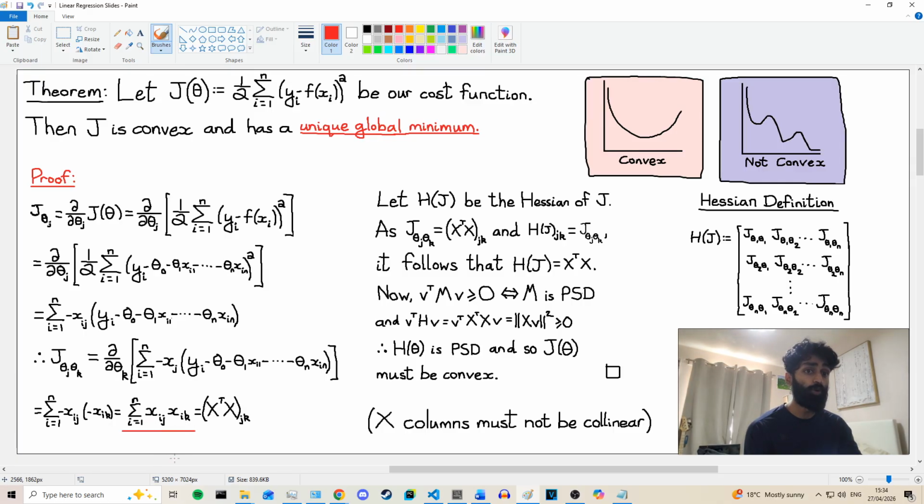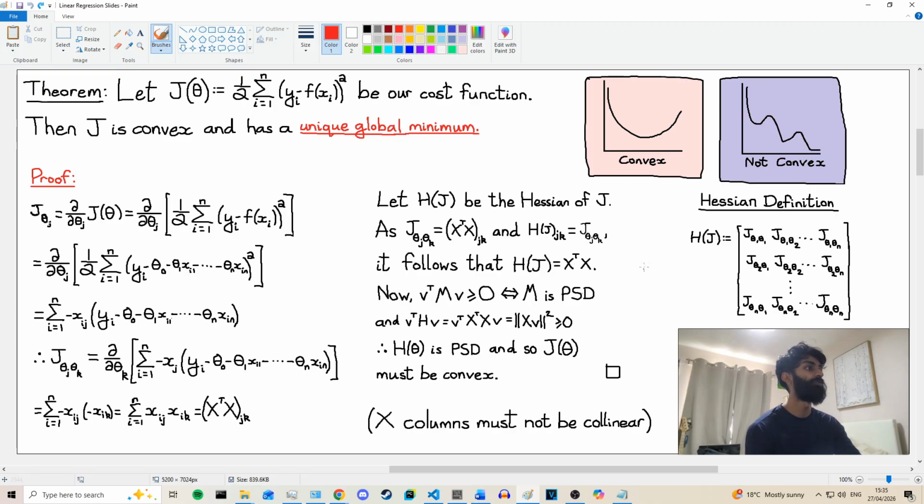And I won't qualify this next equality, but this sum is equal to the jkth term of X transpose times X, jkth as in the jth row and then the kth column. So now that we have this result, ultimately the second derivative, when we have these two as our choice for the two variables with respect to which we take the derivative, we get this element of this matrix.